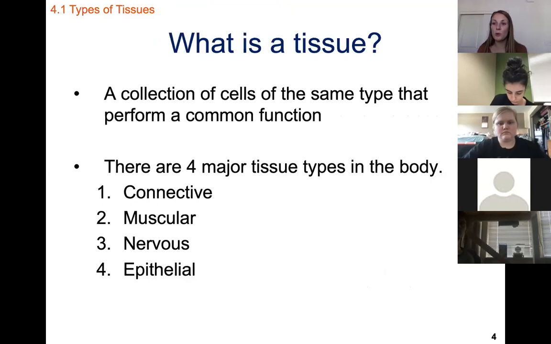We'll talk about smooth muscle tissue, cardiac muscle tissue, and skeletal muscle tissue that make up the muscles that you may use every day. The nervous tissue makes up the nervous system, and then epithelial tissue is that last one. So these are the 4 different types of tissues. The next couple of slides are going to break down each of these categories.